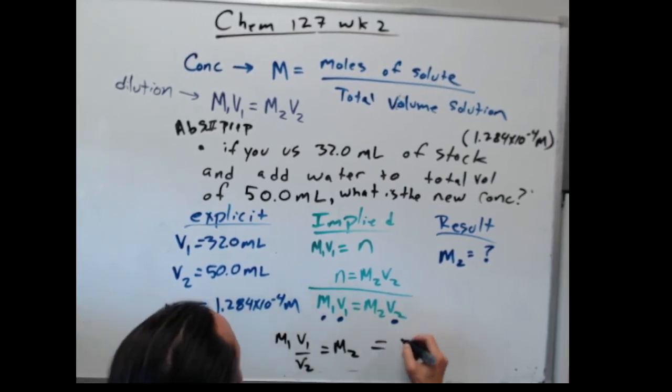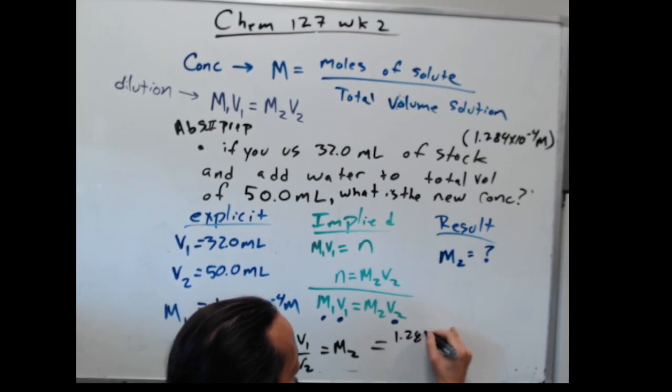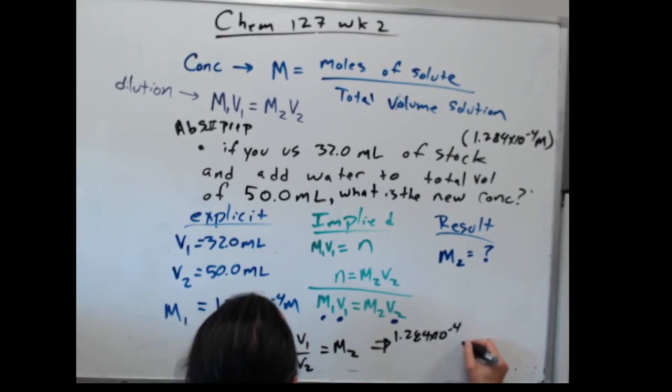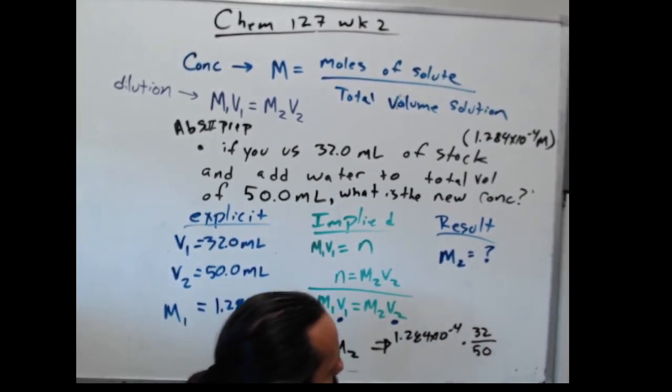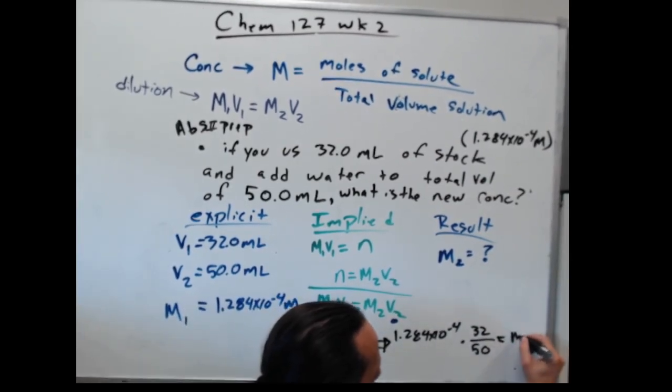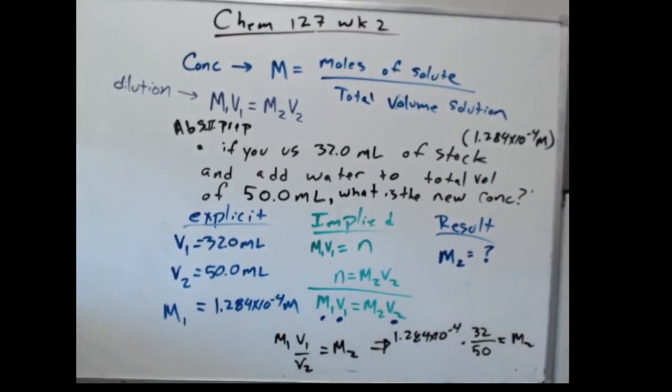I'm going to have 1.284 times 10 to the minus 4 times 32 divided by 50. Now notice, there's a nice trick here. I saved some math. Technically, you would have been completely correct to convert that milliliters to liters both times. But notice, my divide by 1,000 on top and my divide by 1,000 on bottom, that's going to cancel out anyway.